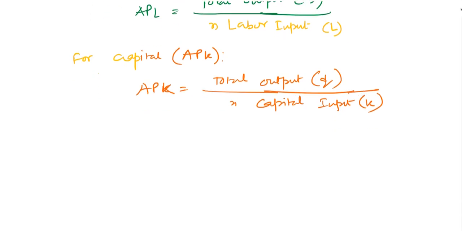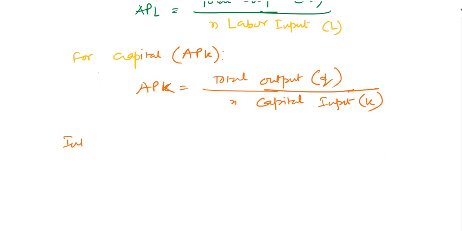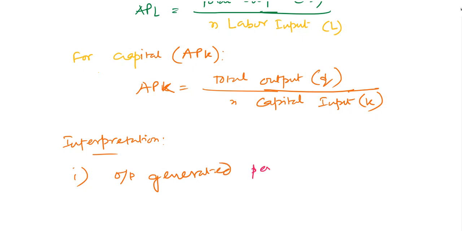And what is the interpretation for that? There are two interpretations. The first one is that the average product tells us the average amount of output generated per unit of input.